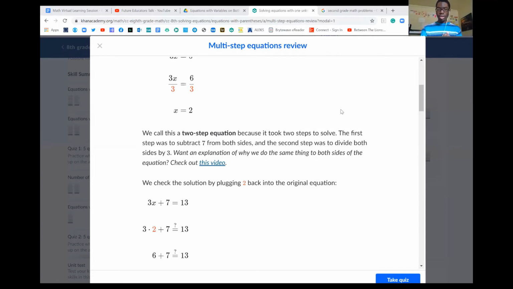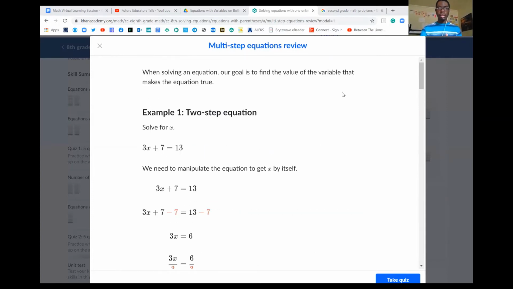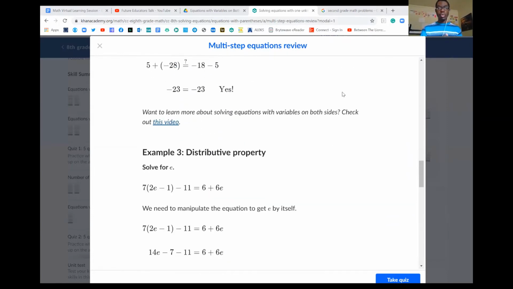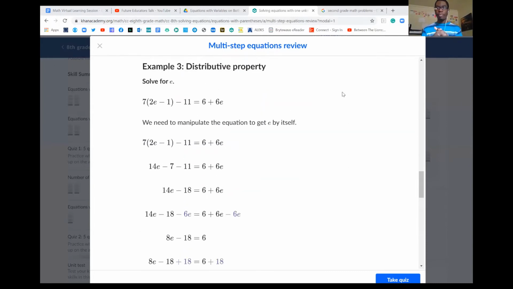So, let's see, we are down to example problem 3, which is the distributive property. Now, in case, I'm going to just hide myself. Okay, so we are at the distributive property, which we covered in the last lesson.